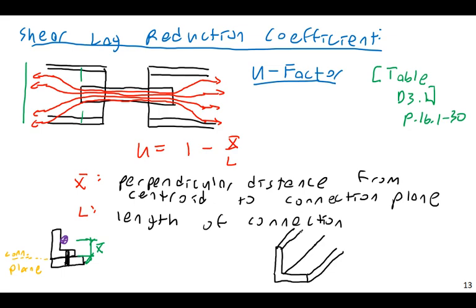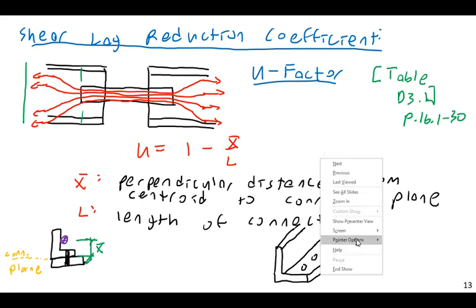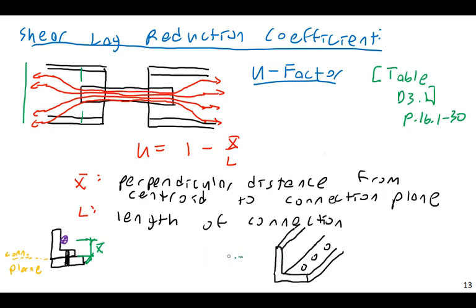So imagine I have an angle here, and let's say there are a couple bolt holes in this, here, here, and here. In this case, it would be the center-to-center distance of the bolt holes, like this here. So this would be the length of the connection, the center-to-center distance from the innermost bolt hole to the outermost bolt hole. This would be my L in this case. If you had a welded connection, then it would be the length of the longitudinal weld.